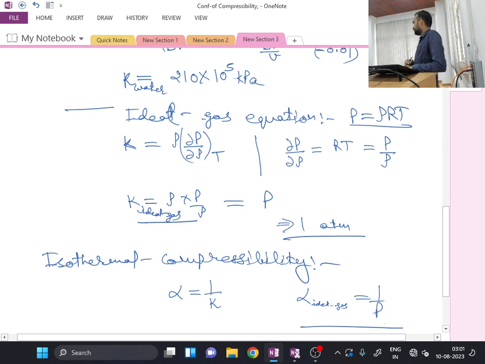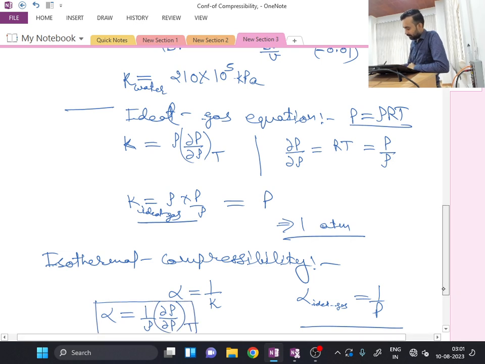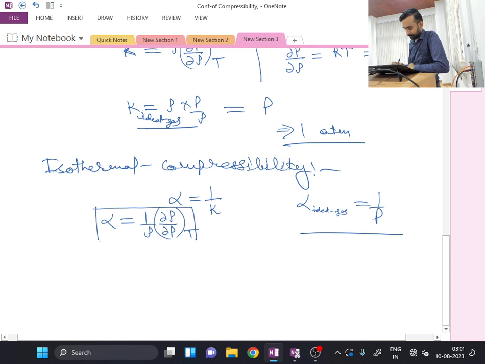Fine. Is this clear? And in general, the definition of alpha is 1 by rho into del rho by del P at constant temperature. So that is the generic definition of alpha. Is it clear? Any doubt till this point?